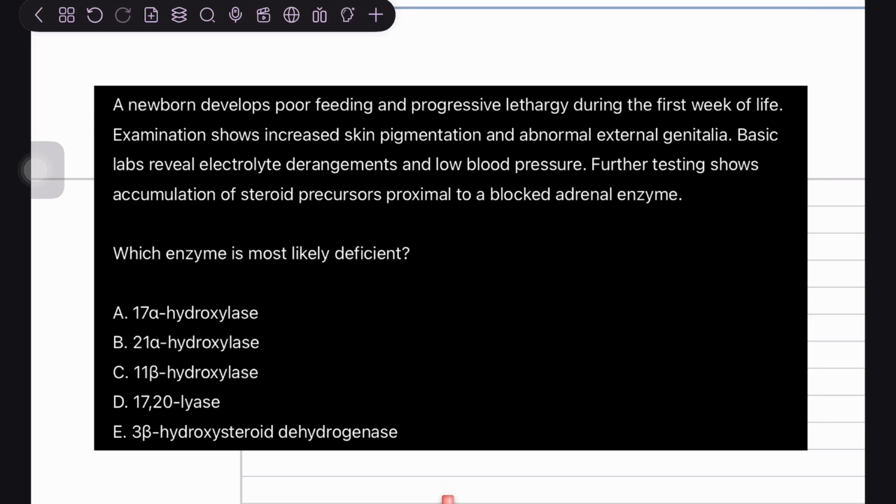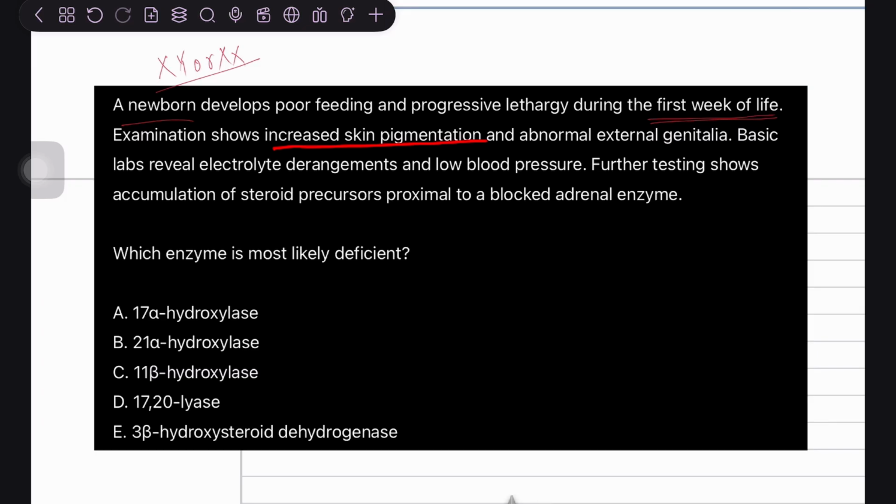So there's a question. A newborn develops poor feeding and progressive lethargy during the first week of life. This is presenting early in the first week, and there's no gender reveal here. We don't know if it's XY or XX. Examination shows increased skin pigmentation, that's high yield, and abnormal external genitalia.